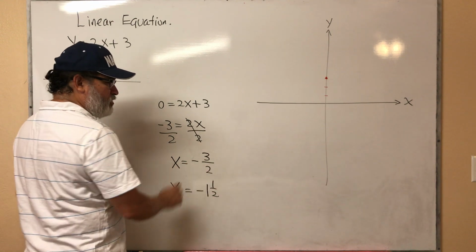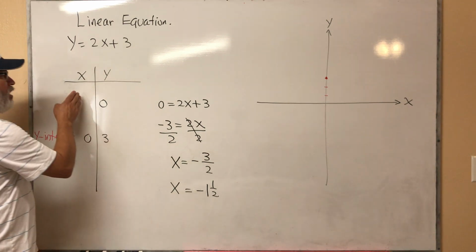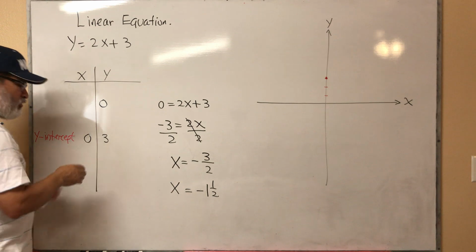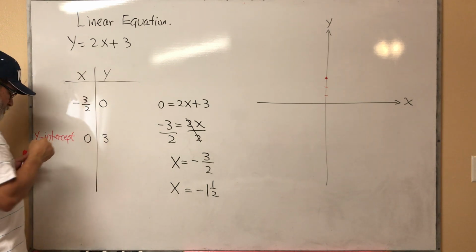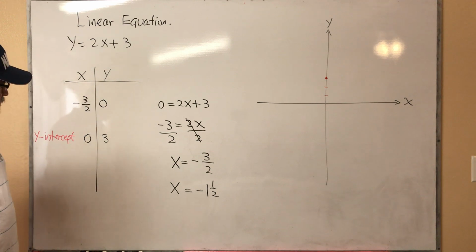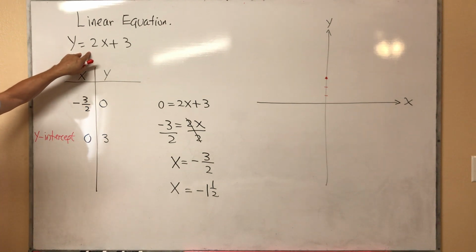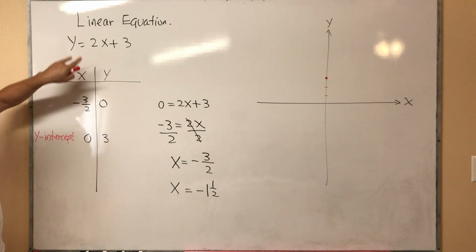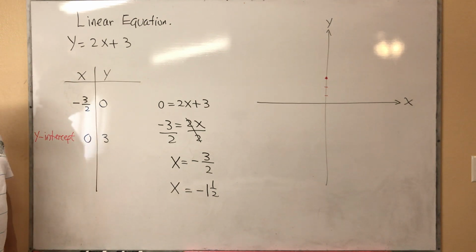So this is 3 over 2. But when we write it on the table, we write it like this: negative 3 over 2. Okay. That's another point that satisfies this equation. And we can graph it. Sure we can.